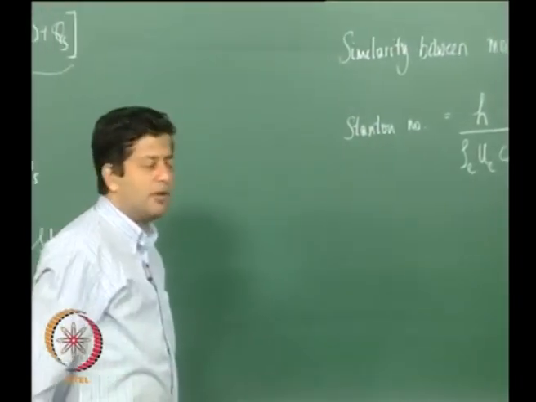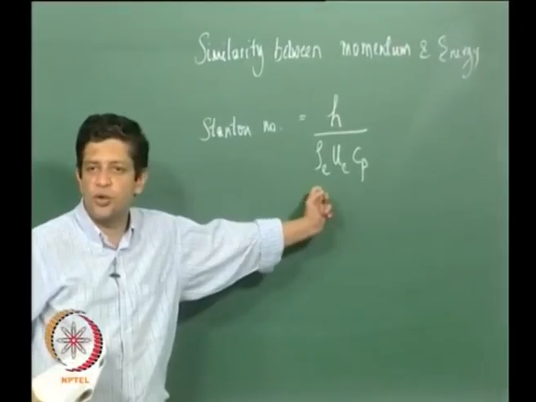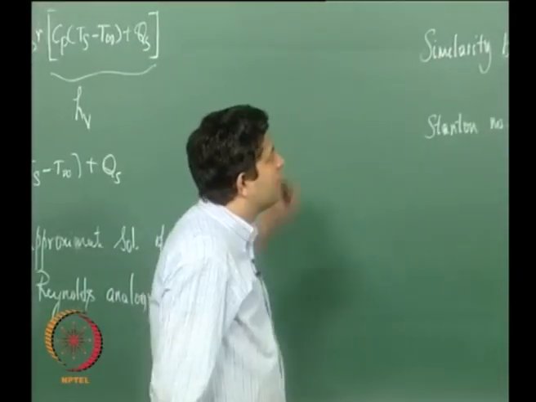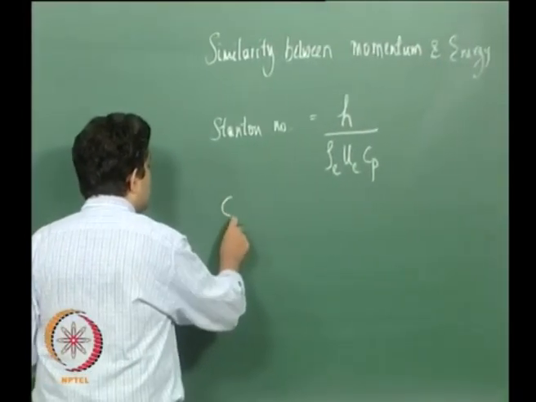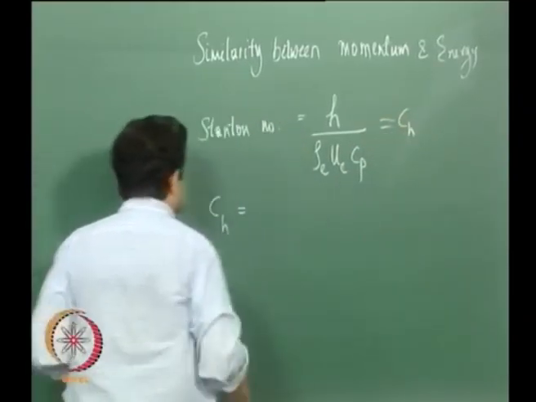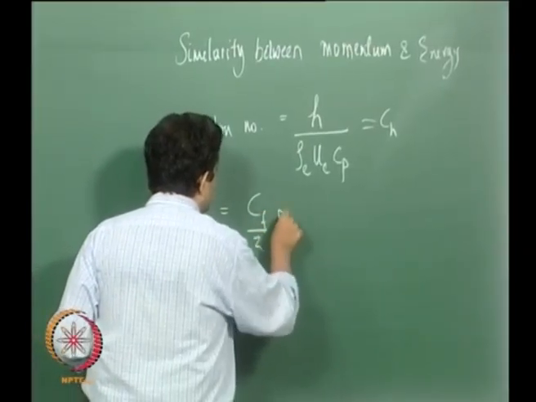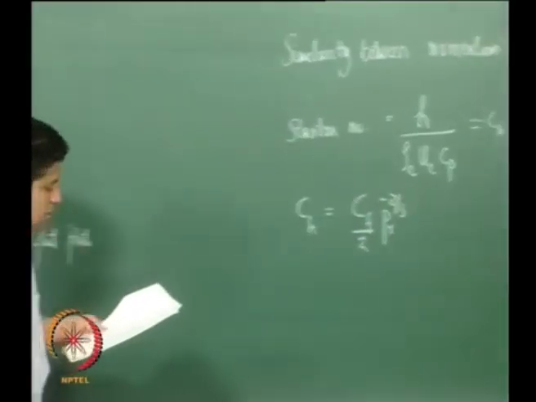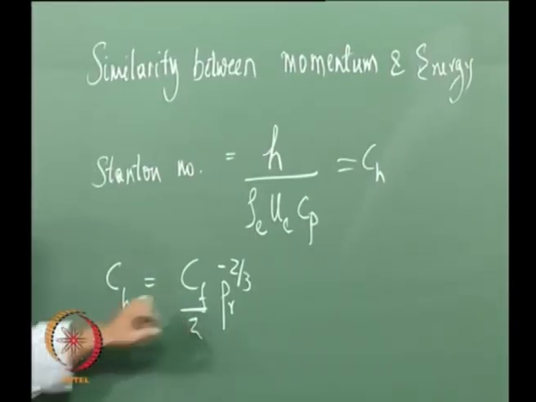This is a non-dimensional number. It is also known as the dimensionless heat transfer coefficient. Now if we use the Reynolds analogy, what it says is that this Stanton number indicated by Ch is equal to Cf by 2, where Cf is nothing but the skin friction coefficient.